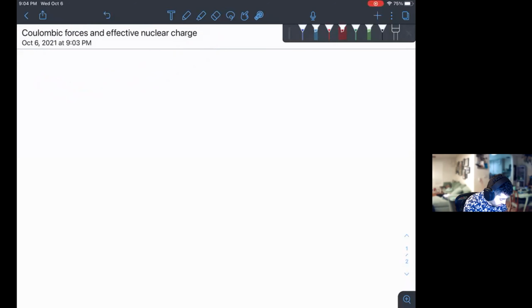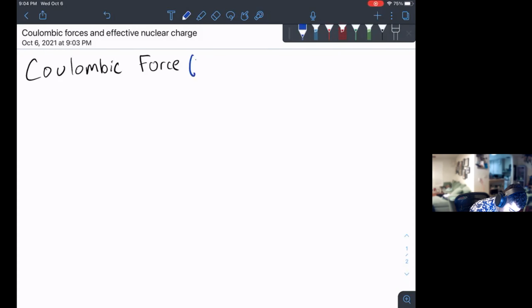So as we start Coulombic forces, let me go ahead and write that here. Coulombic forces. I may call them by a different name, that name being electrostatic interactions. So either way, they're the same thing.